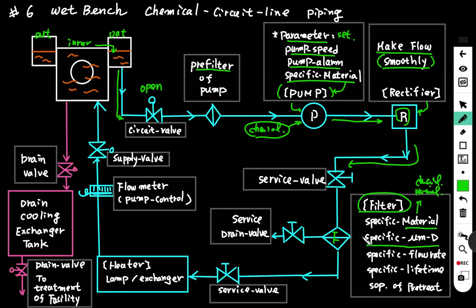For example, the 0.9 micron process uses a 0.1 micron filter to filter the 0.1 micron and above particles.